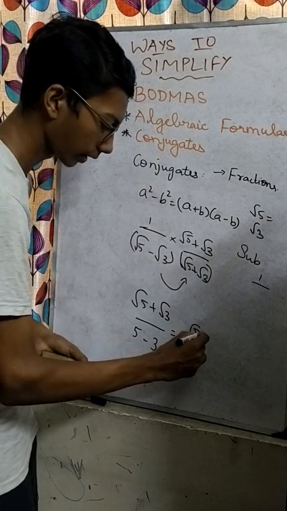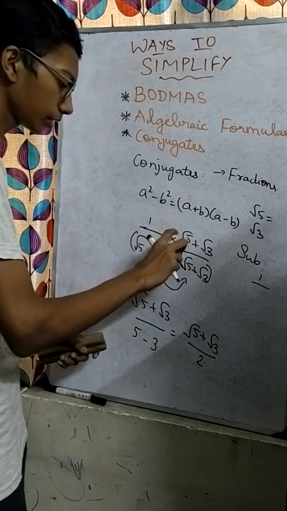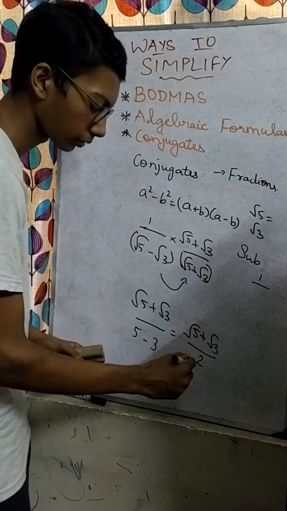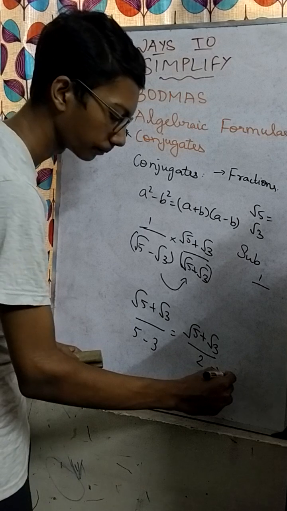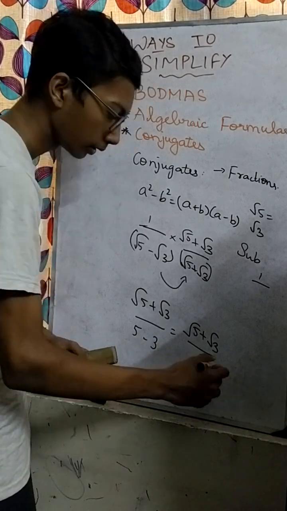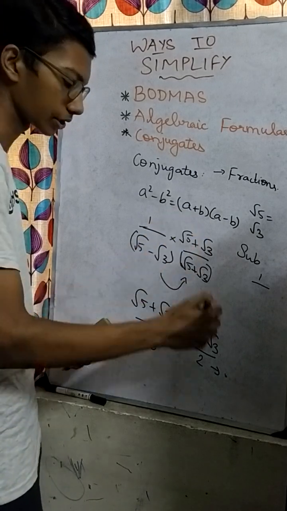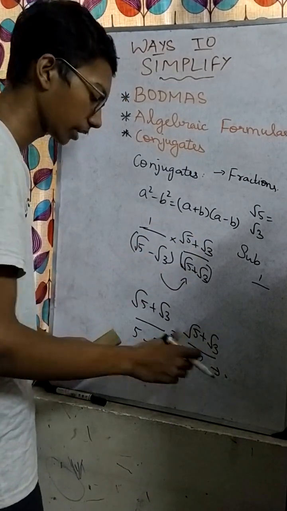So we have (root 5 plus root 3) by 2. So we have converted this fraction into a fraction which does not have any root values in the denominator, because having root values in the denominator makes it very hard to find the decimal values, but this is somewhat easier.